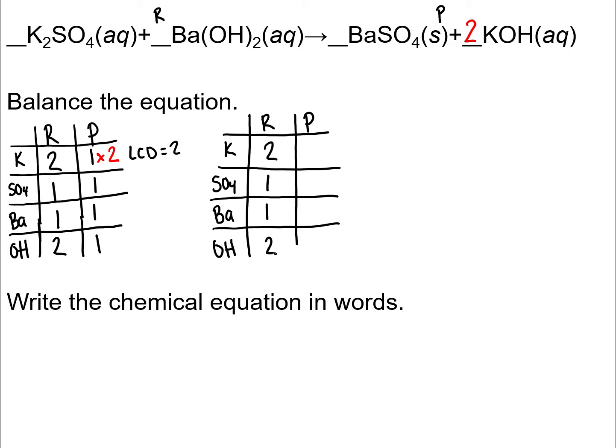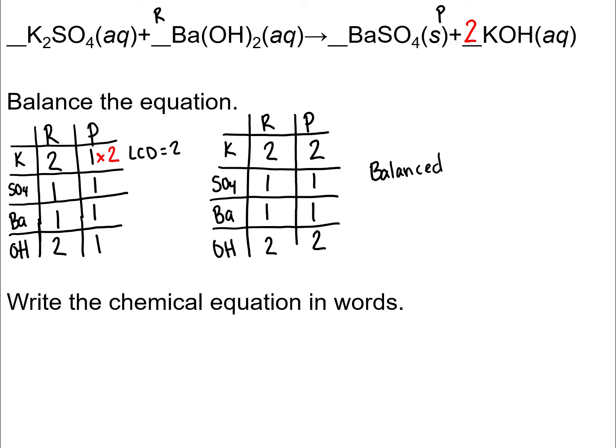We didn't do anything to the reactant side, but we did multiply by 2 for our potassium. And that means that we also have 2 hydroxides. The barium sulfate stays the same. Now we're balanced.